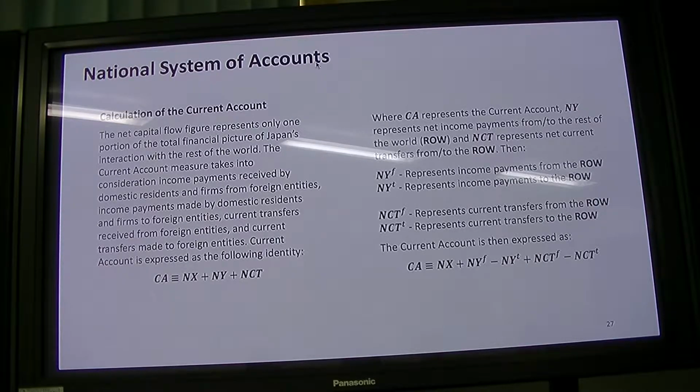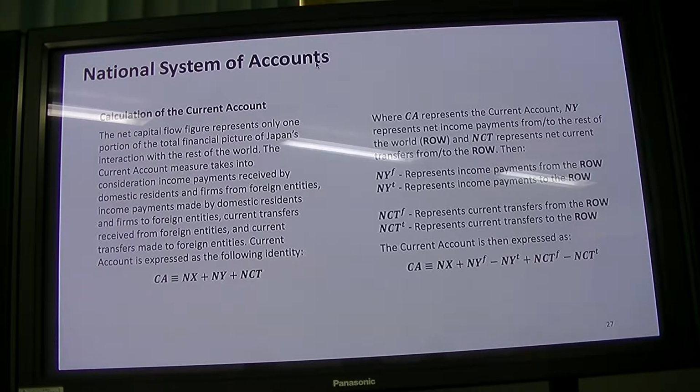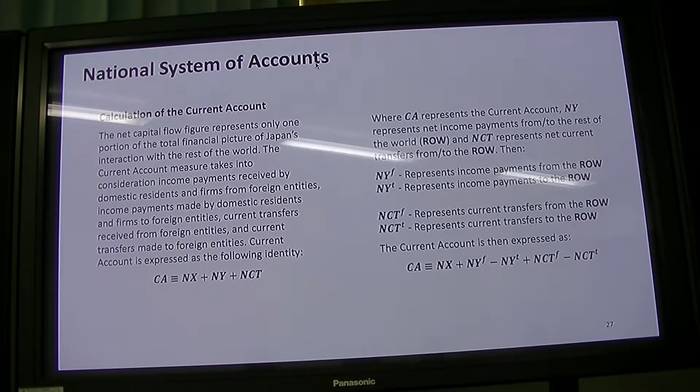Now, how would they receive these payments? In the past, households and firms have made investments and acquired the legal right to receive payments from foreign entities. For example, Japanese companies have invested abroad.